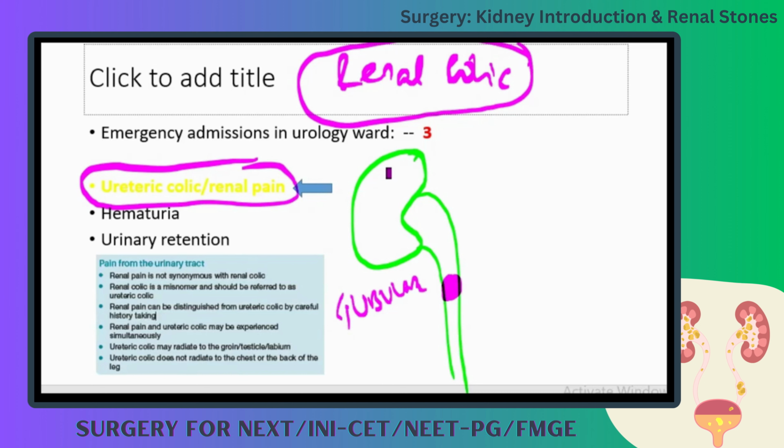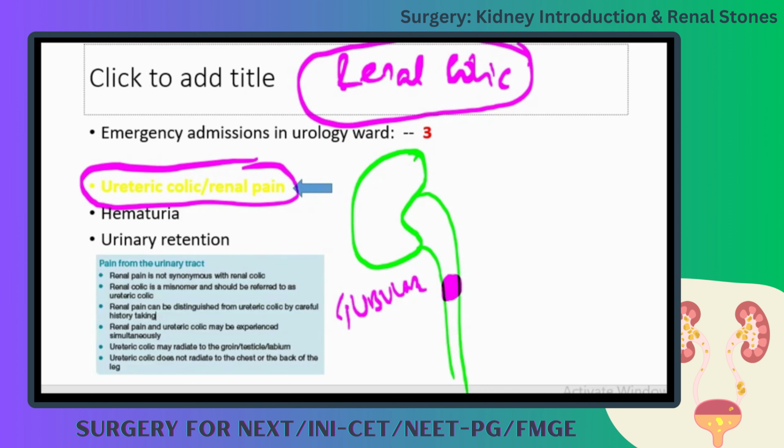The tube will try to move itself, causing peristalsis. Because of this peristalsis, there will be accumulation of fluid inside. It is unable to expel the stone, so fluid accumulates inside, which causes the colicky type of pain.